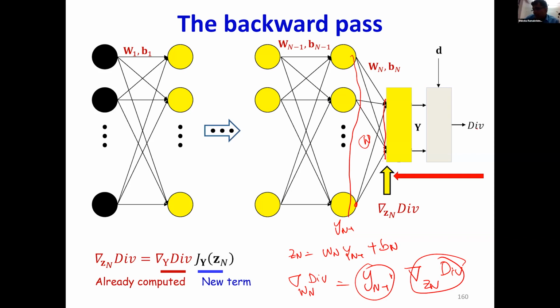Okay. And continuing on, what is the derivative of the divergence with respect to Yn minus 1? What is it going to be? Again, remember this formula. What is the derivative of the divergence with respect to Yn minus 1? We just saw the derivative with respect to w.